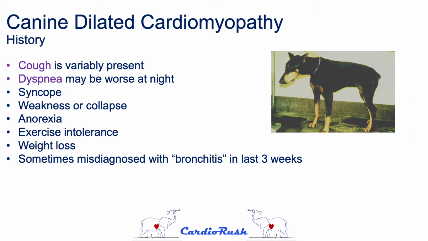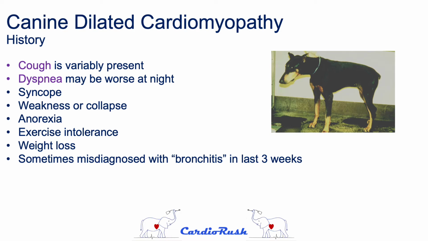Historical findings are variable, and cough may be present if there's congestive heart failure, and dyspnea may also be seen, and it might be worse at night. Syncope can be a result of low cardiac output and/or cardiac arrhythmias. Animals, as they develop congestive heart failure, may have loss of appetite, or they may become picky with regard to what they want to eat.